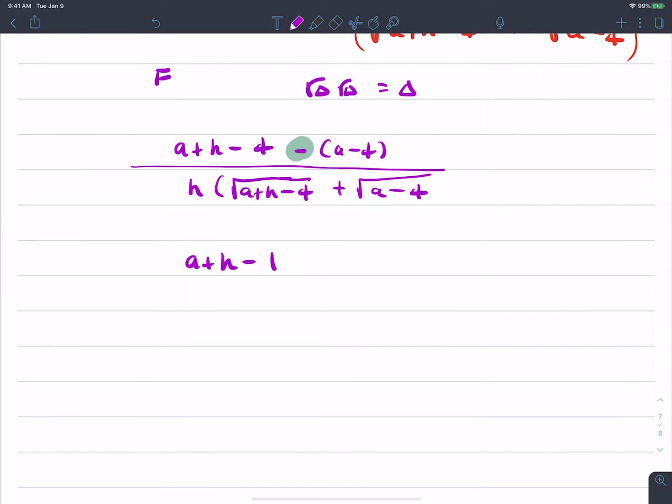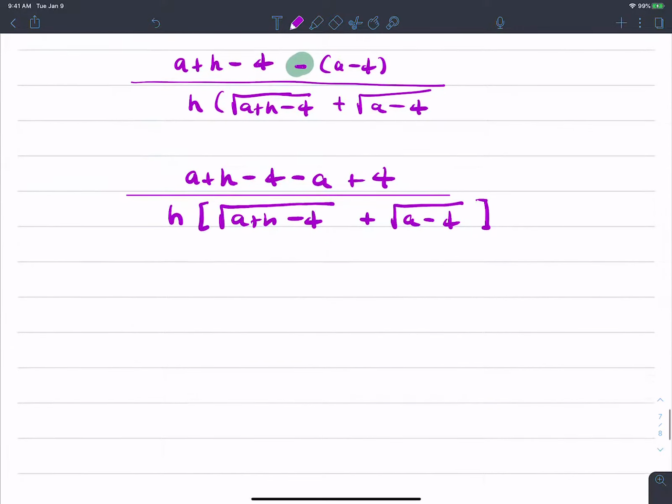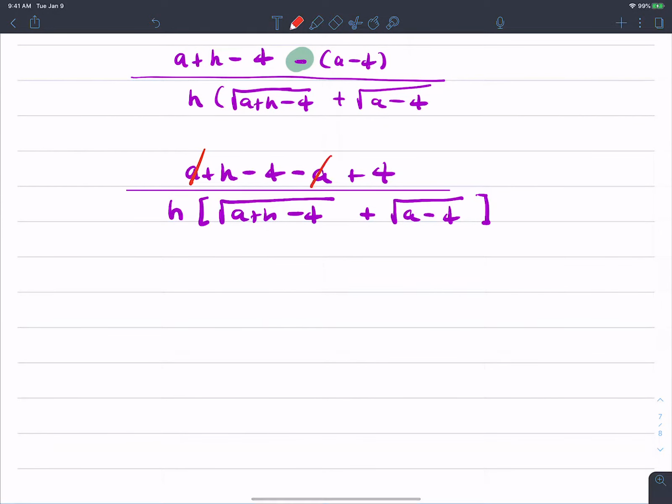A plus h minus 4 minus a plus 4, over h times the square root a plus h minus 4 plus the square root a minus 4. So when you're talking about this cancellation here, these terms are gone. A and a, minus 4 plus 4 are gone, and your h's cancel because there's multiplication here, ladies and gentlemen.